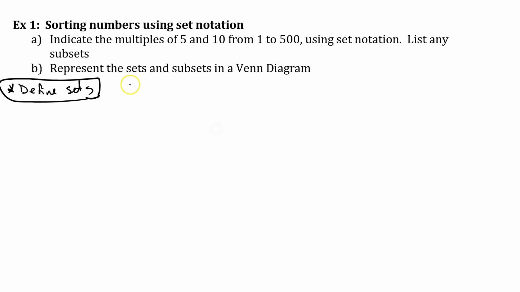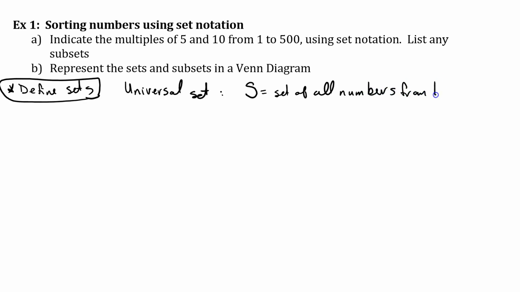So first things first, let's define our universal set. We'll call this S. So S equals the set of all numbers from 1 to 500.